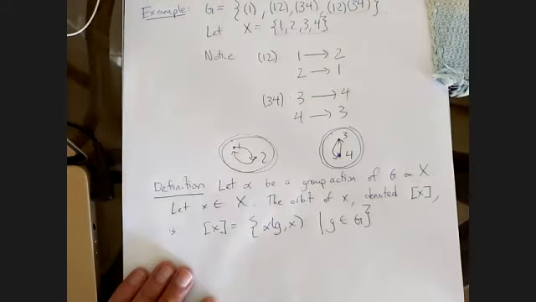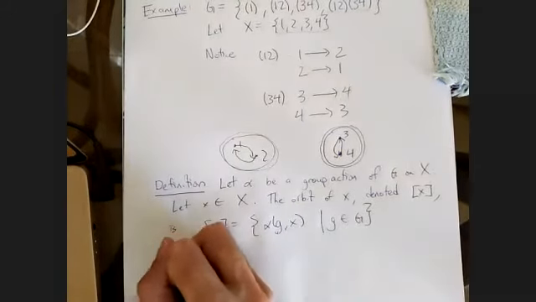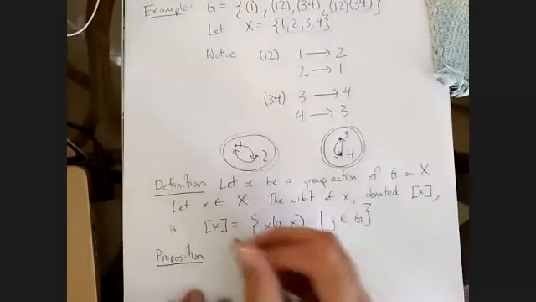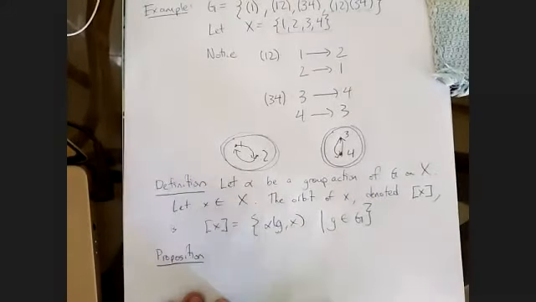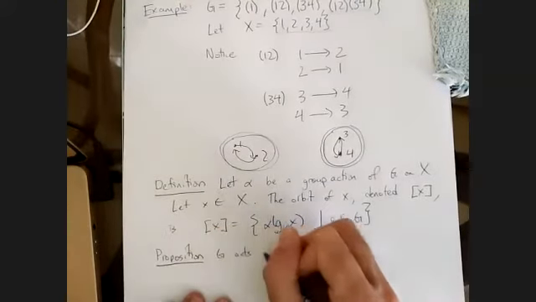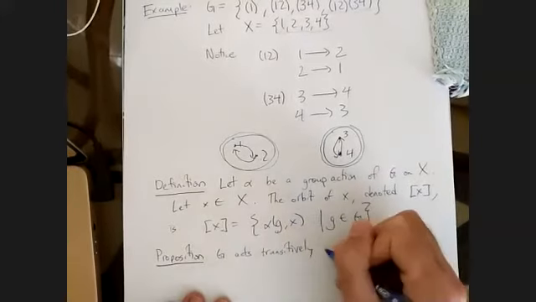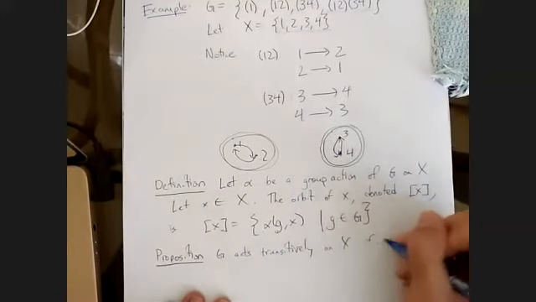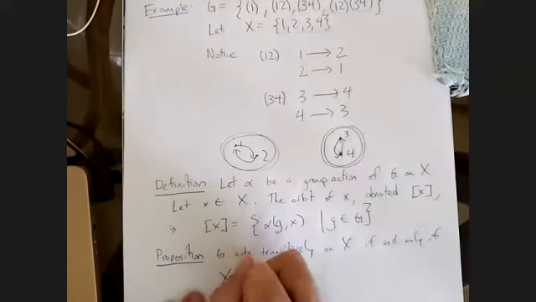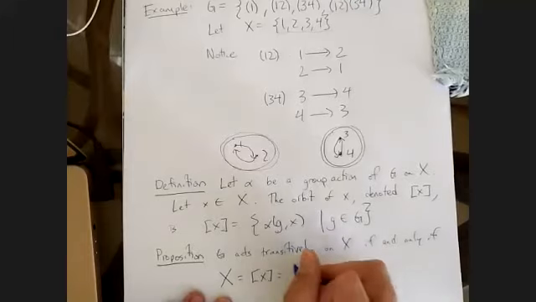And just a quick application of the definition will tell us the relationship to a transitive group action. G acts transitively on X if and only if X is the orbit of some element of it.